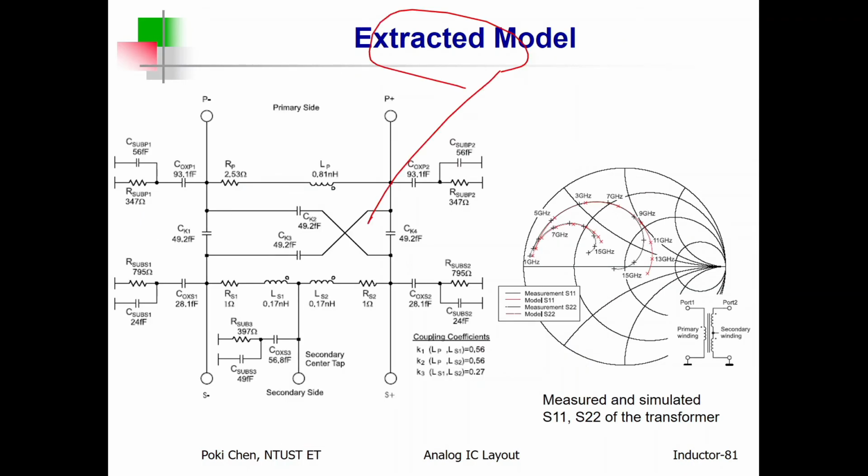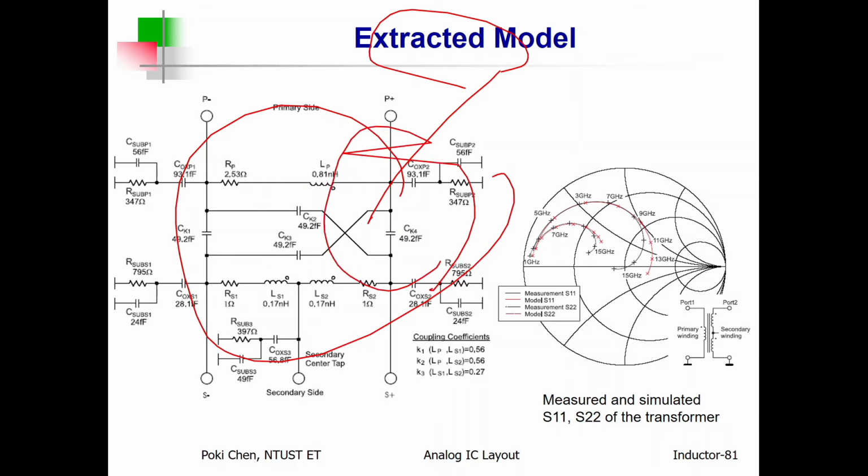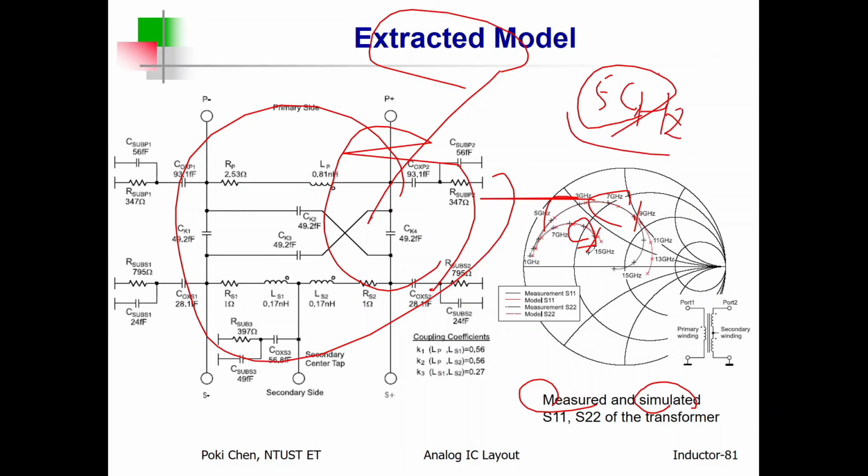Anyway, they have such a model, and you can see after measurement and simulation, both are quite close to each other. Yeah, I guess below 9 gigahertz they fit each other very, very well. See? Till now, for humankind, I think we mostly focus on around 5 gigahertz.